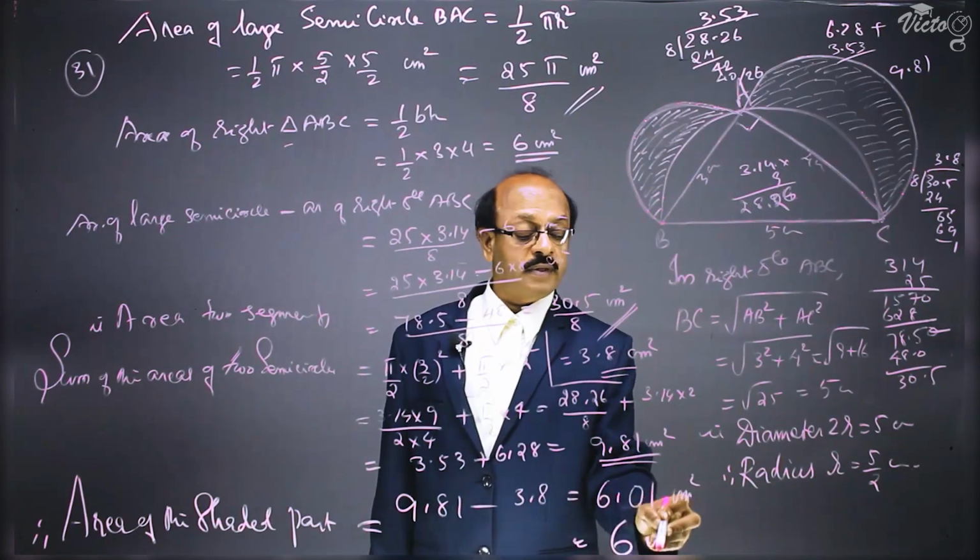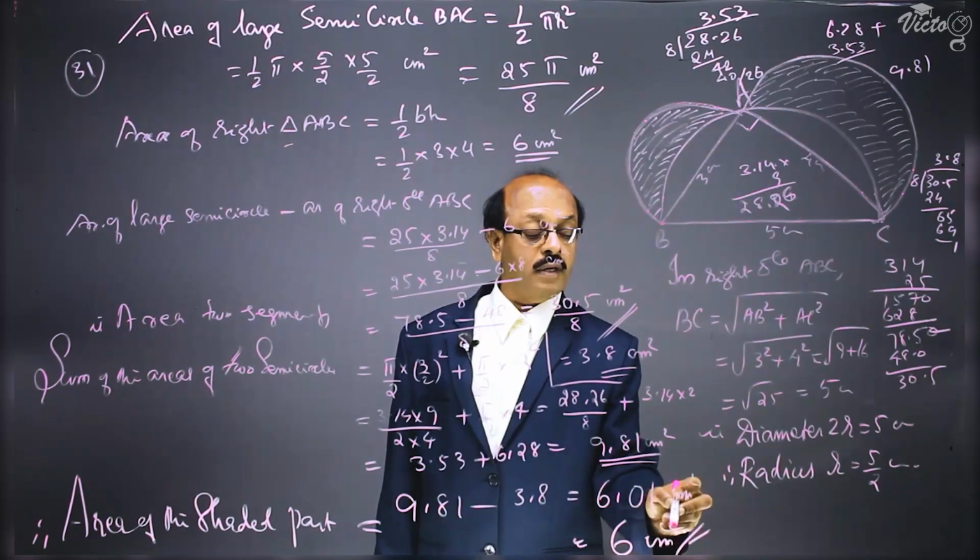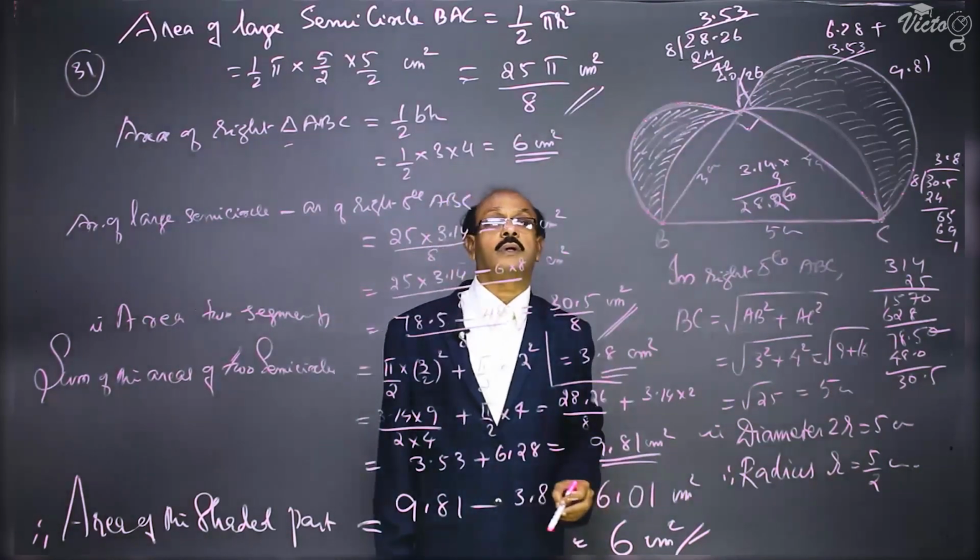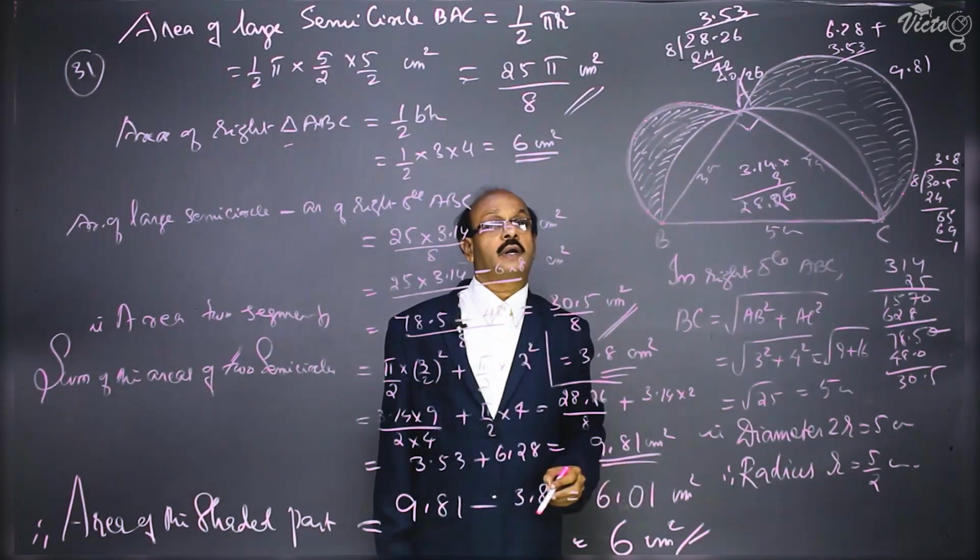Simply, 6 centimeter square is the answer. On rounding, it is 6 centimeter square is the area of the shaded part.